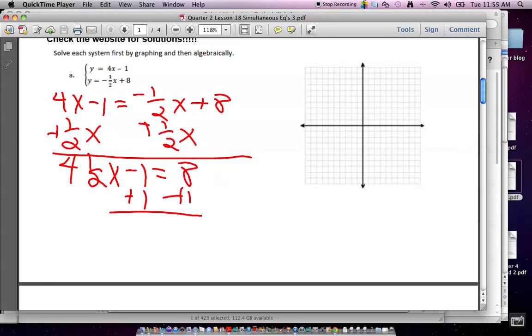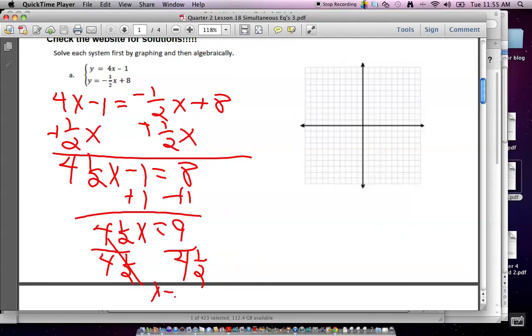Add 1 to both sides: 4½ x equals 9. What's 9 divided by 4½? 2. There you go. If stuck, use a calculator.